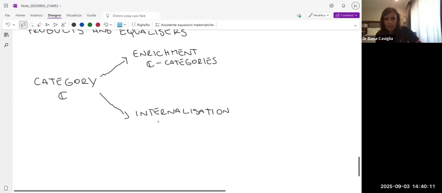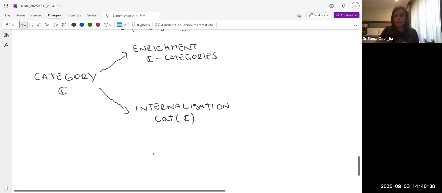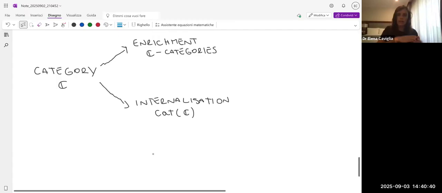So what we get here are categories inside C. So they are still categories, but they live inside the category C. It's like we take the category C and think that this category is the whole world, and now we want to study categories in this world. Okay, so these are two very important kinds of constructions in category theory. There are a lot of people studying enriched categories and internal categories.